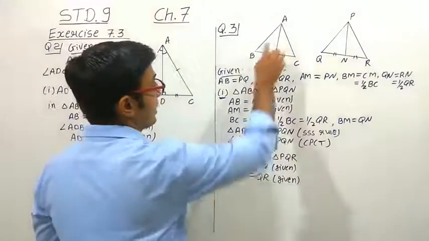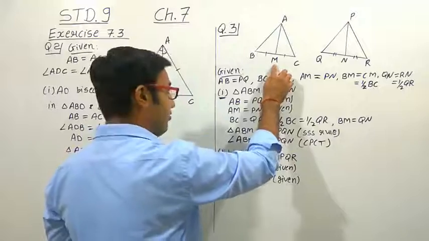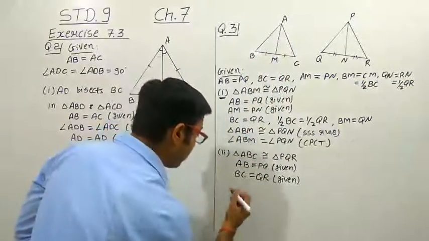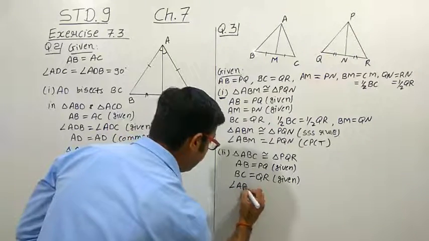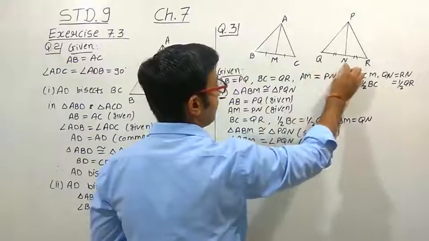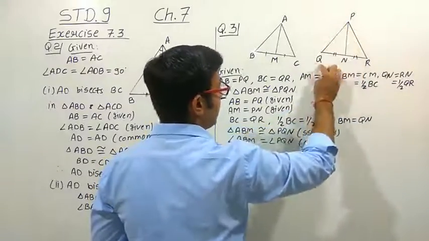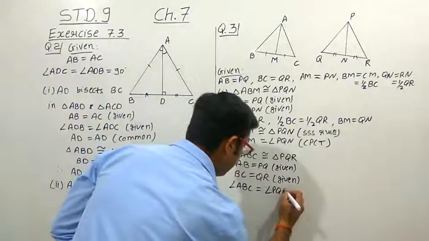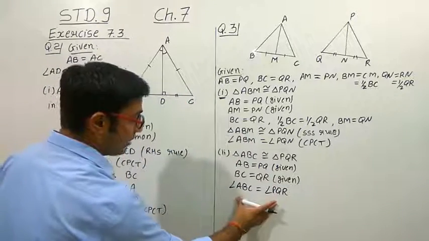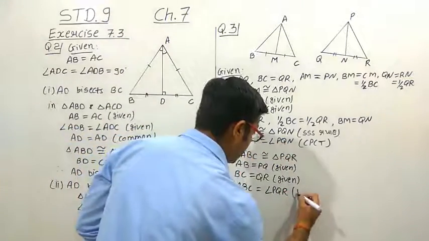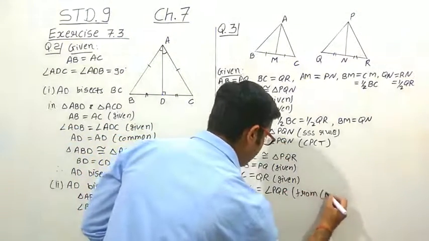Here we are taking one of the angles, ABM and PQN. Why? Because angle ABM we can now write as angle ABC. In the same way, angle PQN we can now write as angle PQR. From where do we take this condition? We take it from 1, so we write the reason as from 1.